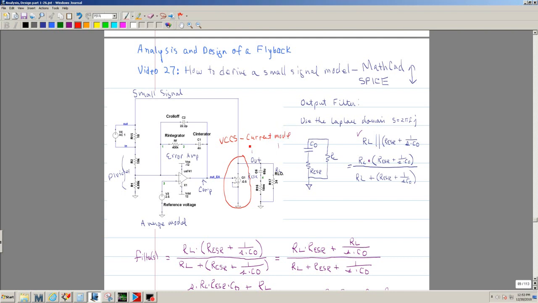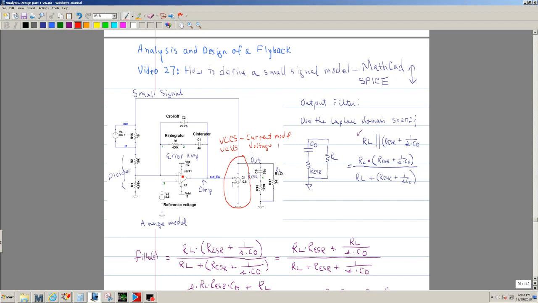And if you're using voltage mode PWM, then it would be a voltage controlled voltage source. So anyway, we're not using that. We're going to be using this one, the control mode. It's a voltage controlled current source, and that's what we're going to be using.